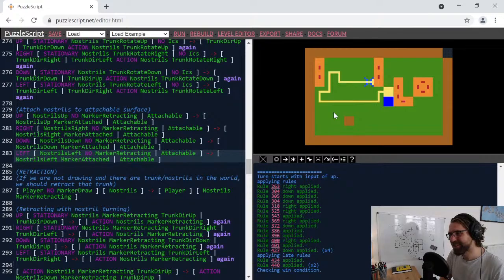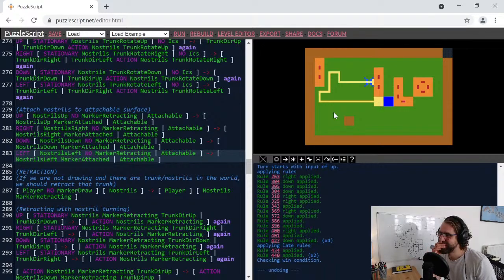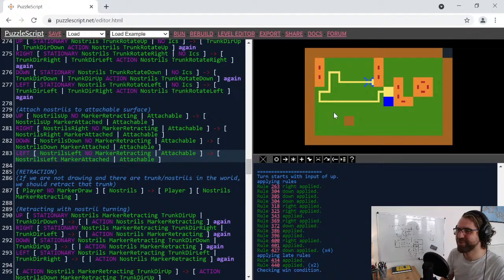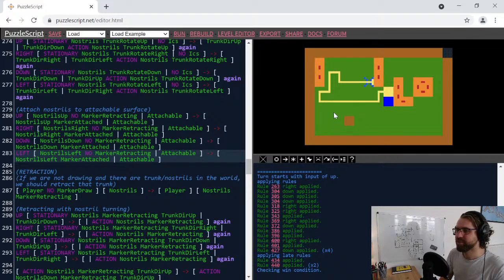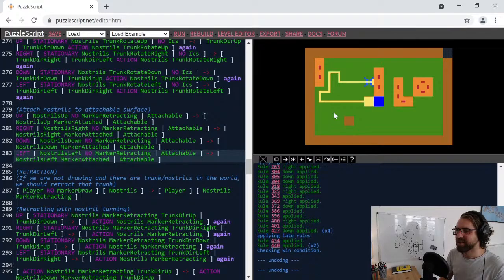Oh, no. What if I push it in a way that would disconnect it? Maybe that's the thing. That could be an interesting part of the mechanics, that I can disconnect from the thing. Ooh, this is fun. Anyway, we'll think about that later.